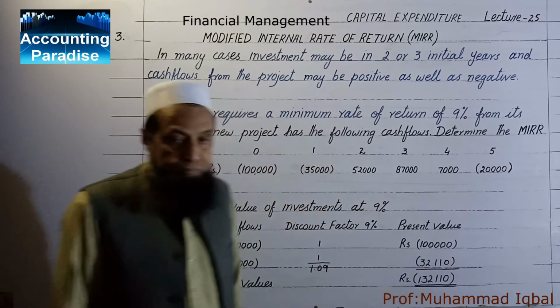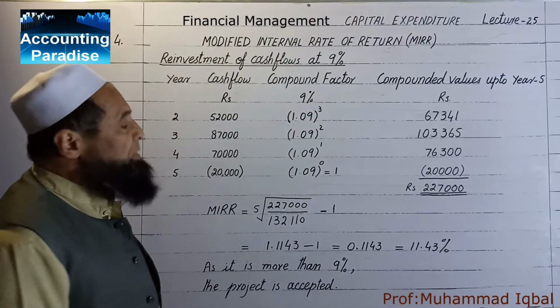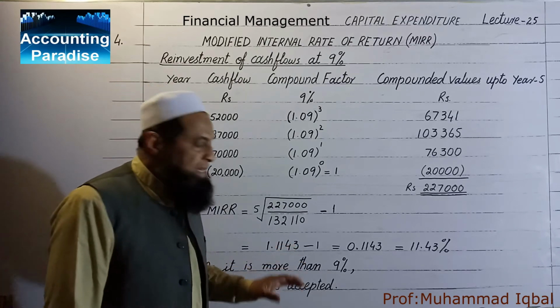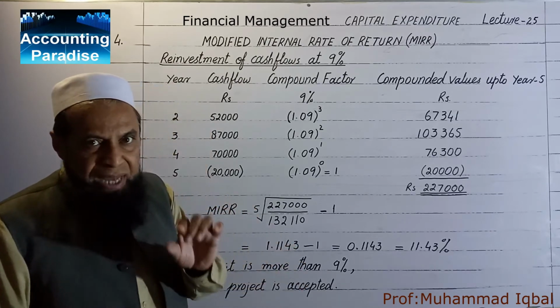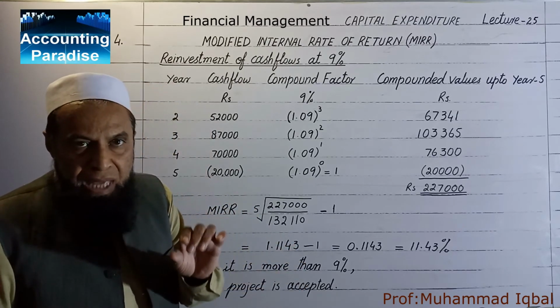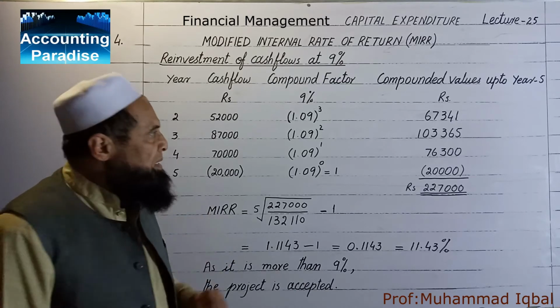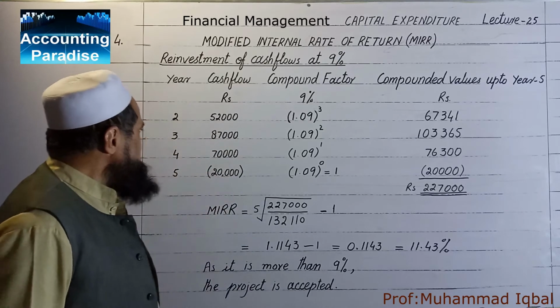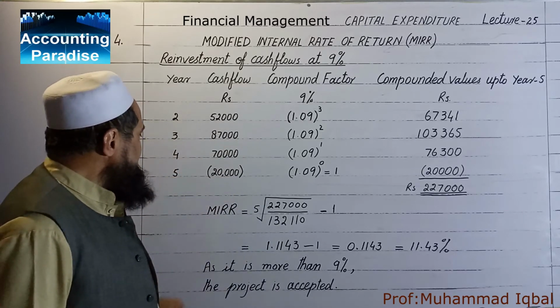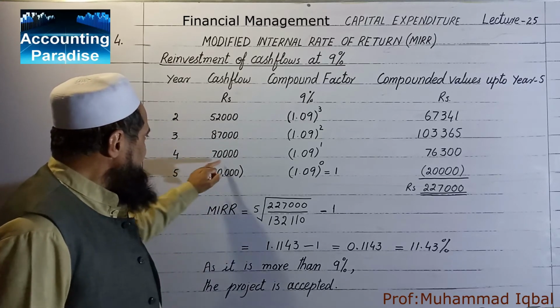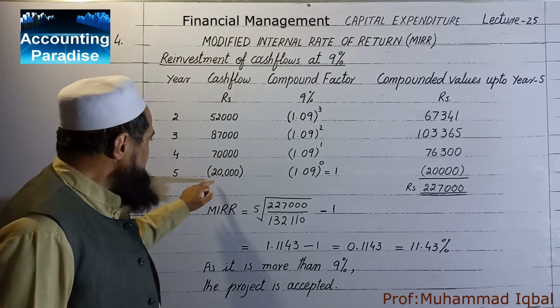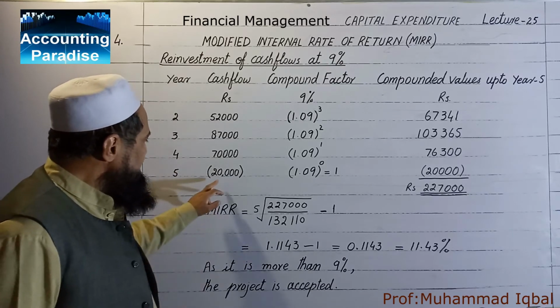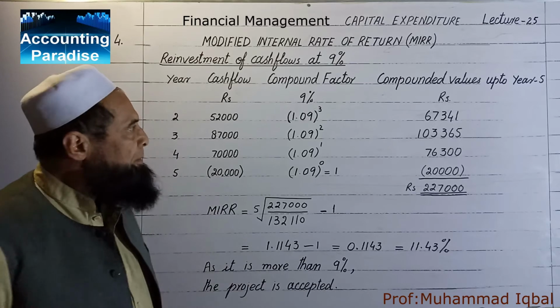Now we will calculate the future value of the cash flows. The second step is to calculate the compounded value of cash flows. The cash flows were, in year 2, 52,000, then 87,000, then 70,000 and 20,000 negative cash flow.